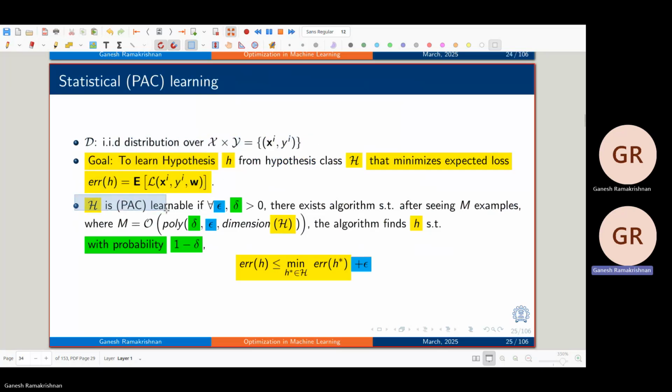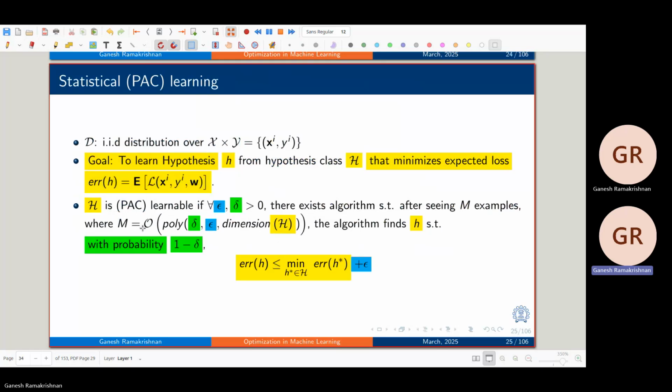So we say that the hypothesis space H is PAC learnable if for all epsilon and all delta, which are non-trivial, that is greater than 0, an algorithm exists such that once I see m examples, and this m should be of polynomial order in 1/epsilon and 1/delta.